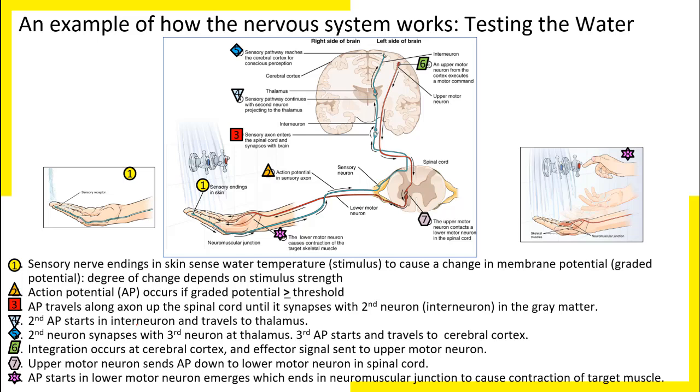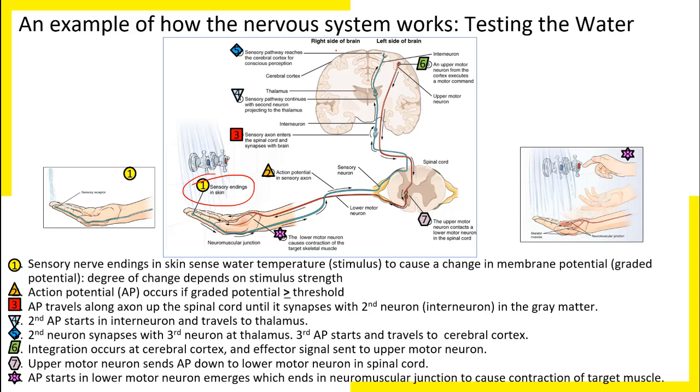Just as an overview of an example of how the nervous system works, this is what happens whenever you take a shower, right? When you take a shower, you turn on the tap, you put your hand underneath the water that's coming out of the shower, and you have sensory nerve endings in the skin, which detect a change in temperature, whether the water be hot or cold or lukewarm.